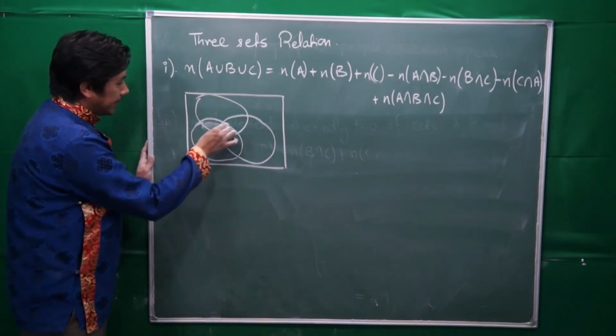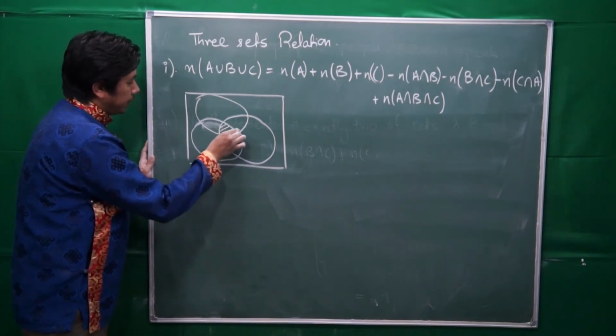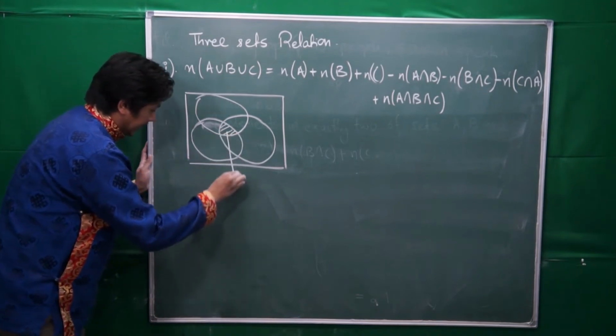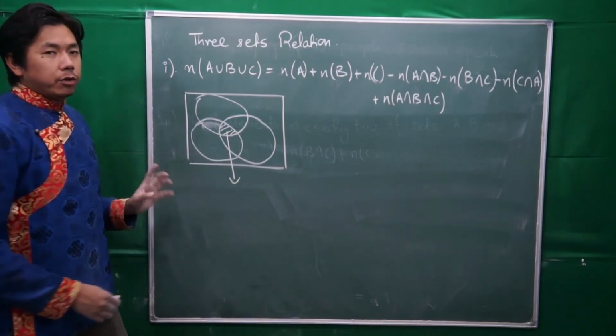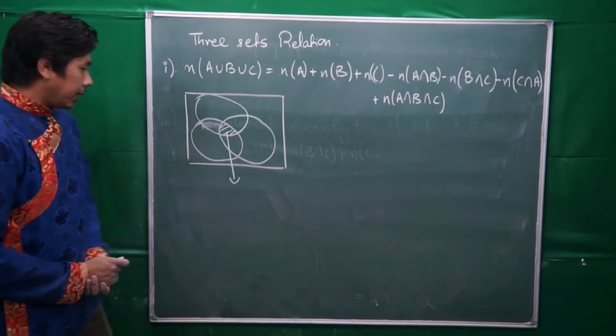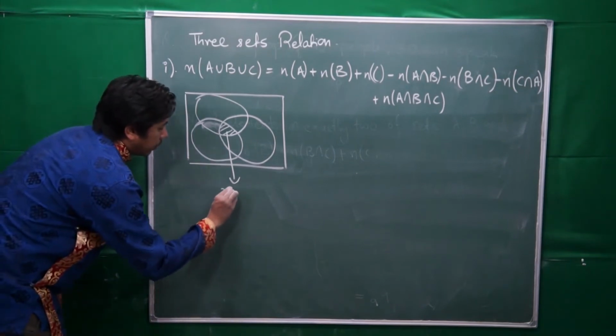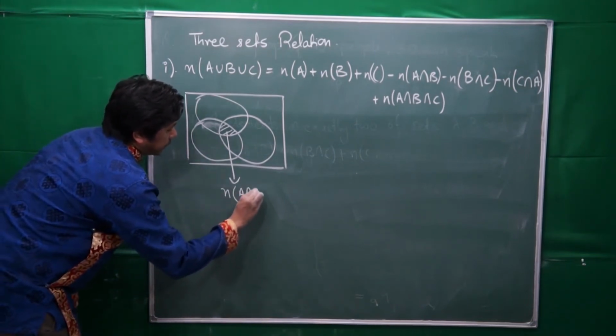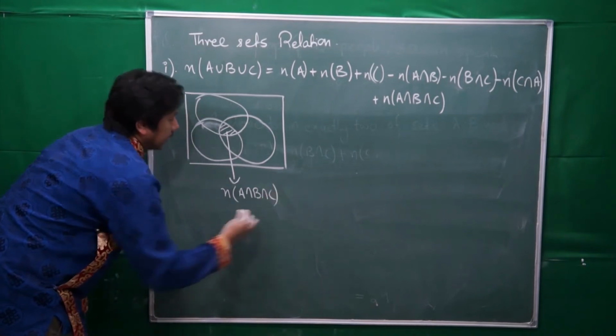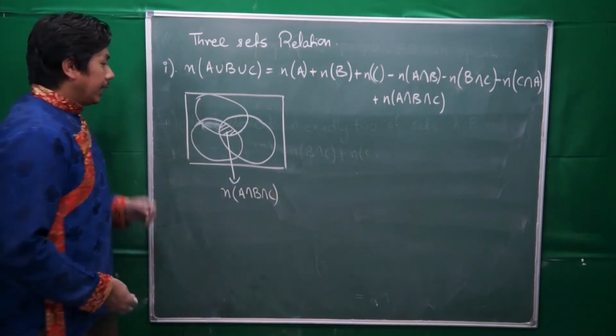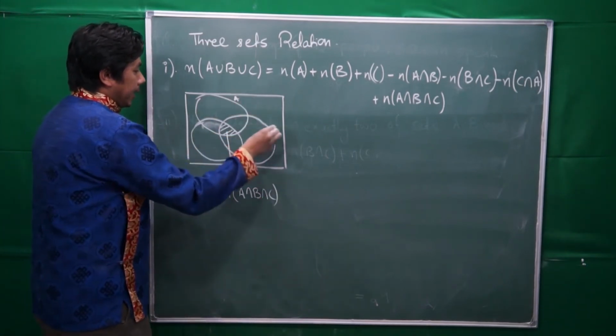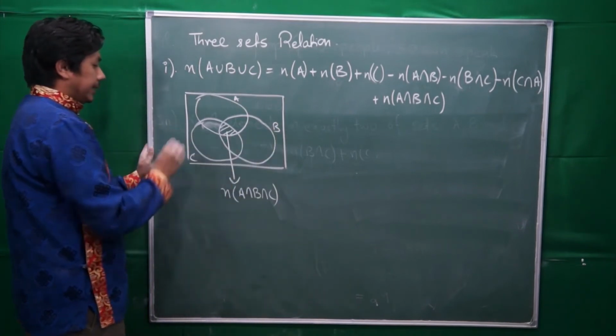In the sense, this region over here is the mixture of all the sets. So this region will be called number of A intersection B intersection C. Simple.